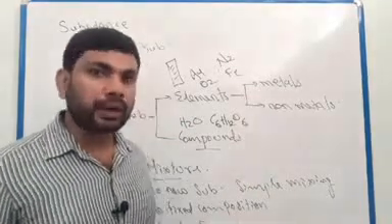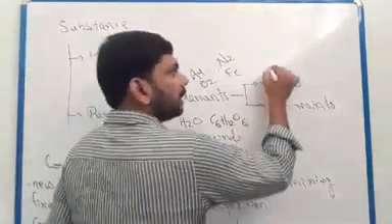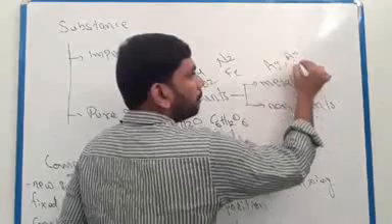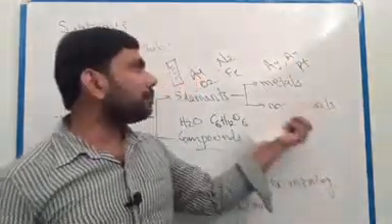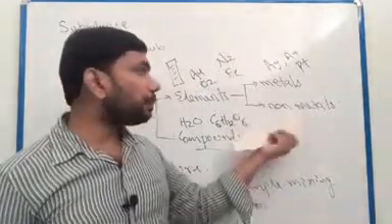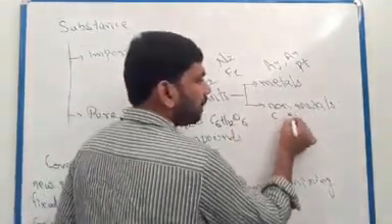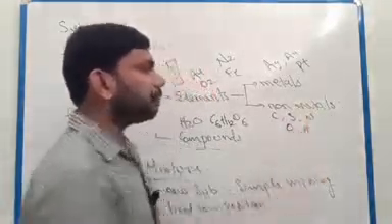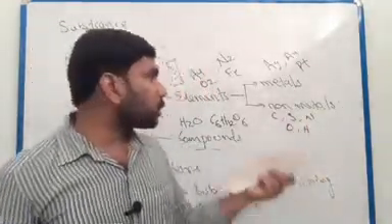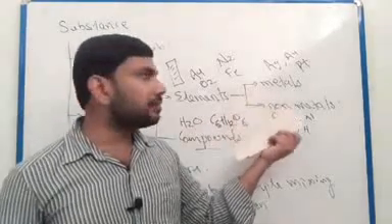Metals: silver, gold, platinum, iron, copper. Non-metals: carbon, sulfur, nitrogen, oxygen, hydrogen.